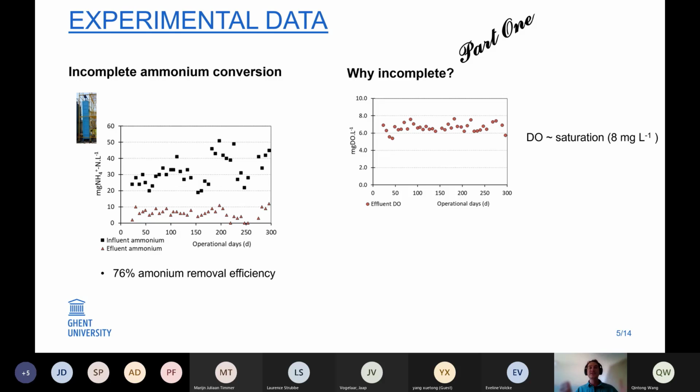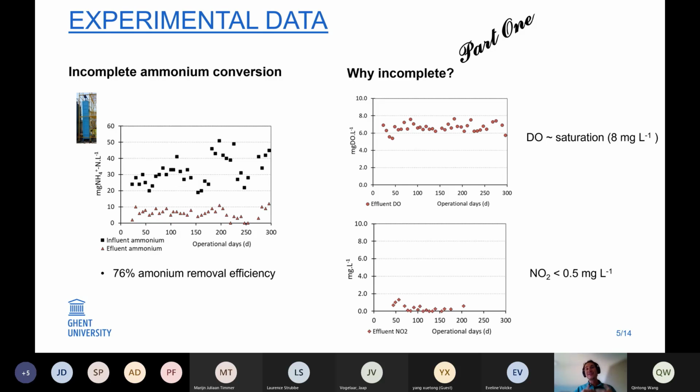But this was denied, because DO concentrations in the effluent were actually reaching the saturation point considering the local conditions. A second hypothesis was raised related to the possibility of nitrite inhibition in the system, but as we can see in this graph, nitrite levels were quite low in the effluent of the trickling filter.